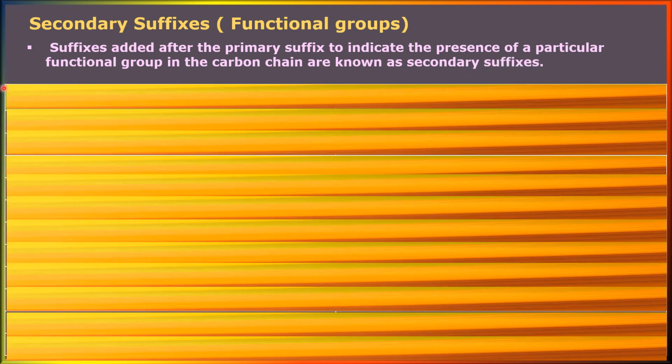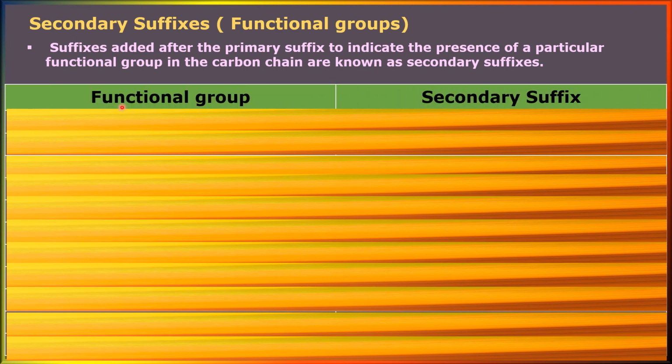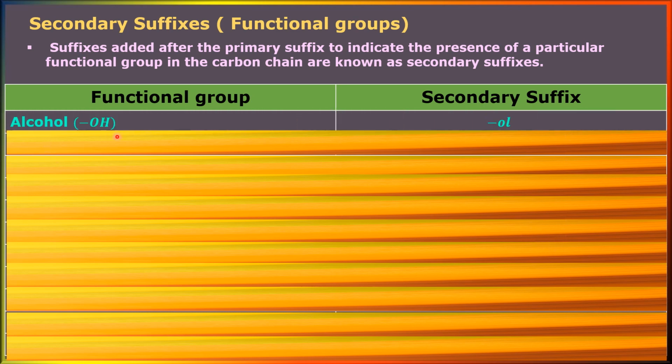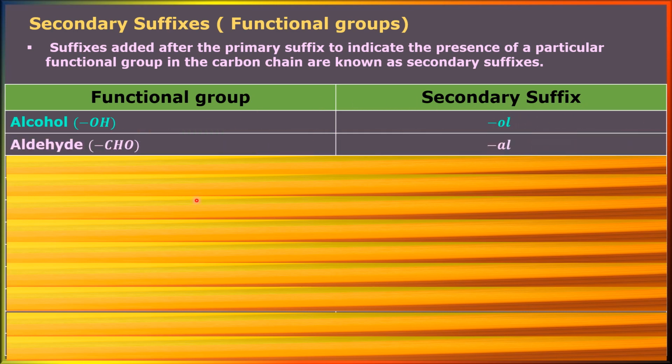Here you can see the names of the functional groups and their secondary suffixes. I am showing alcohol. The name of the functional group is alcohol, OH. The secondary suffix used for alcohols is ol, OL.